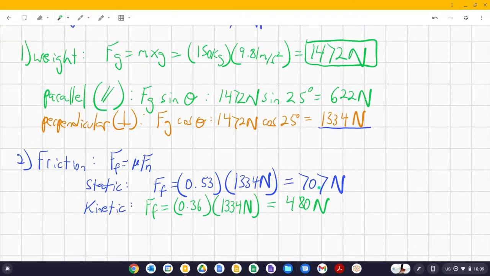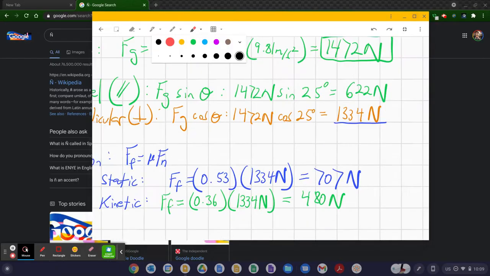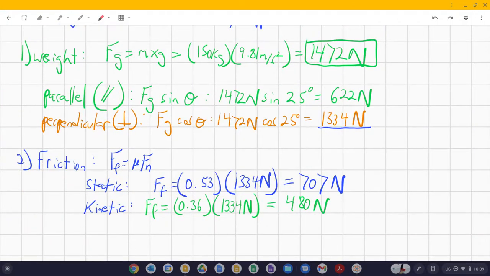The static friction is 707 newtons. Remember, if static friction is not beaten, then the object will not be able to start sliding. If it's sliding, then the friction will be 480, right? I thought I made this much thicker. Yeah. Oops. Sorry. I could have sworn that I made that. Yeah, there we go. So let's see.